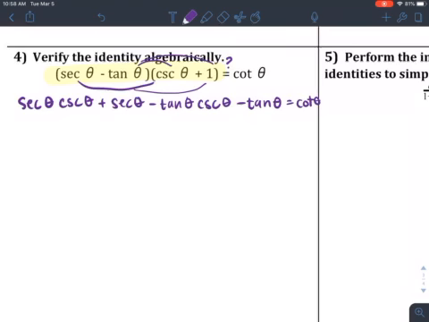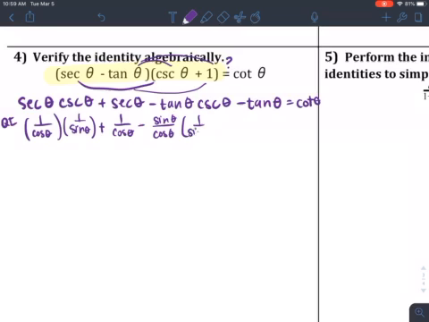A good trick is to get everything in terms of sine and cosine. So using my quotient identities, I can rewrite this. This would be 1 over cosine theta times 1 over sine theta plus 1 over cosine theta minus sine theta over cosine theta times 1 over sine theta minus sine theta over cosine theta. And in the end, we're hoping it equals cotangent theta.